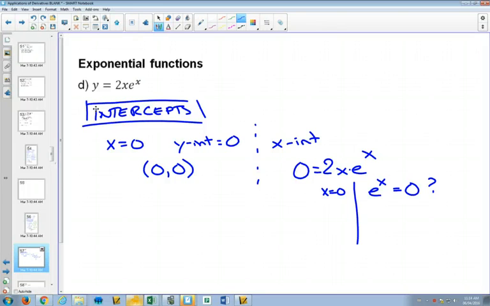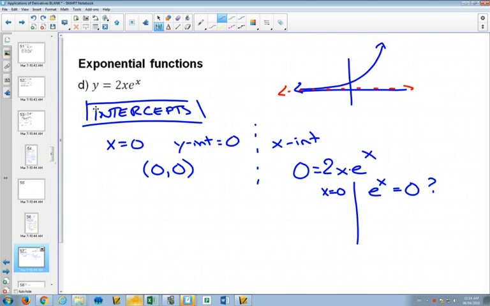No. One way to think of that is you can have the image of the graph. What do exponential functions look like? What does the graph of e to the x look like? It looks like this. It's always increasing.